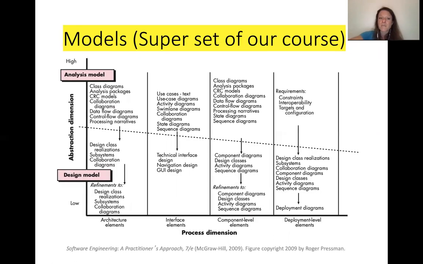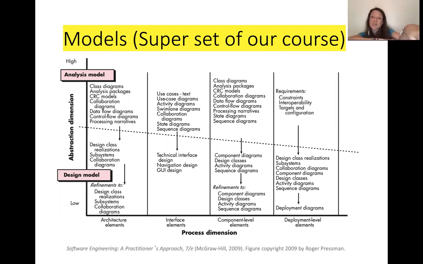And in a different depiction, all of this is a superset for our course, so don't worry, we're not going to do each and every one of these. But at the top, you see the analysis model and all the things that you can use within an analysis model. And at the bottom, you see what goes into the design model.